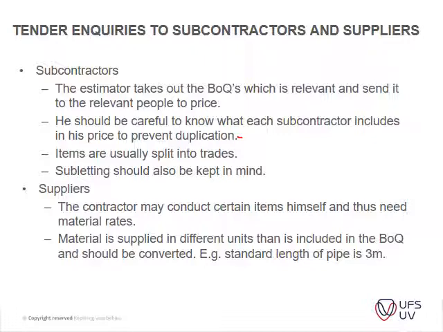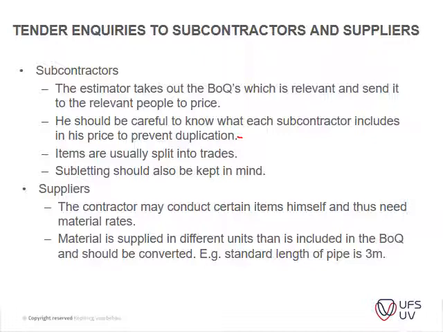For instance, does that contractor include additional P's and G's or contingencies, or does he allow for site establishment, which is not necessary for him to include, because you've got that included in your tender price as contractor already? So you need to clarify what's included in it.